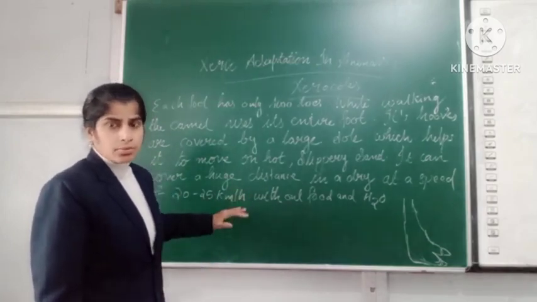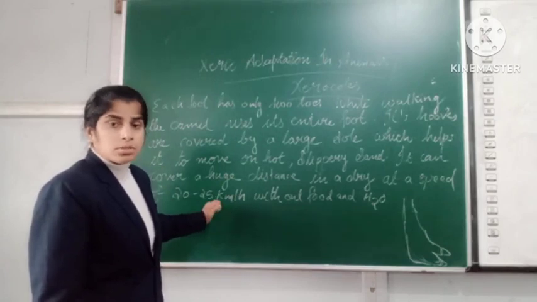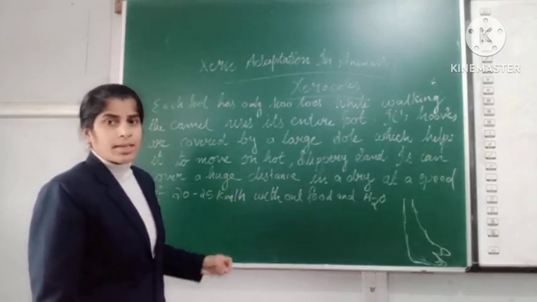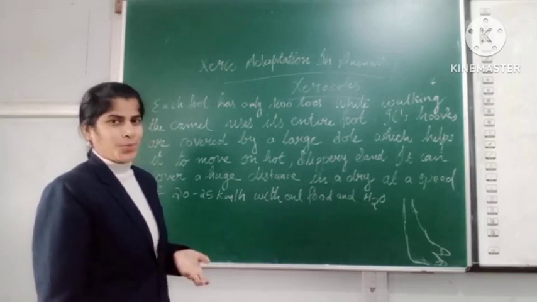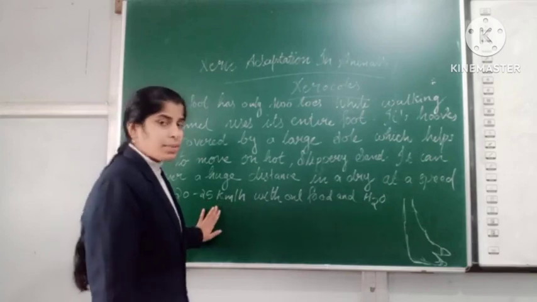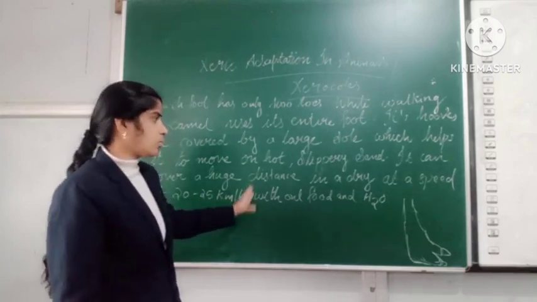See, a camel can cover 20 to 25 km per hour without food and water. In our case, we cannot. We need food and water. But a camel can move 20 to 25 km without food and water.